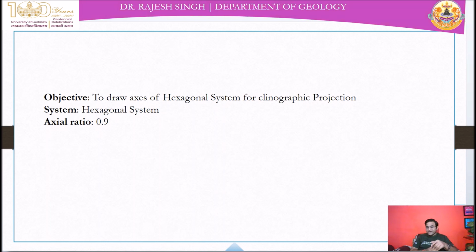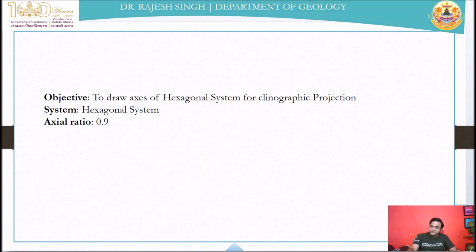The three horizontal axes are 120 degrees apart, and the vertical axis is 90 degrees from the horizontal axes. In a cubic system, there are three axes of equal length, all at 90 degrees. But here only the three horizontal axes have equal length. The vertical axis may be longer or shorter.